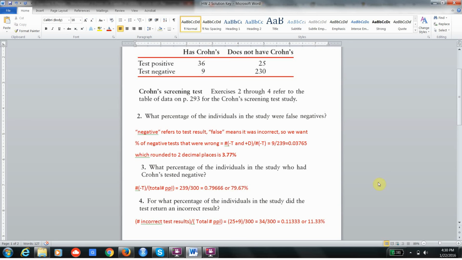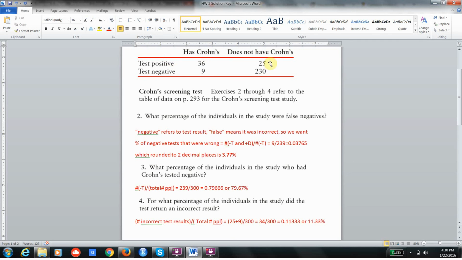Okay, for what percentage of individuals in the study did the test return an incorrect result? Okay, so we want to count the number of incorrect results and divide it by the total number of people, right? Well, where do we have an incorrect result? Well, we have an incorrect result here, right? They have the disease, and the test says they don't. So there's 9 people here.